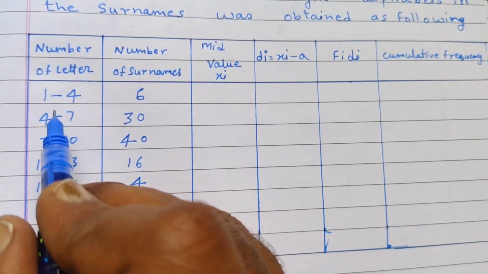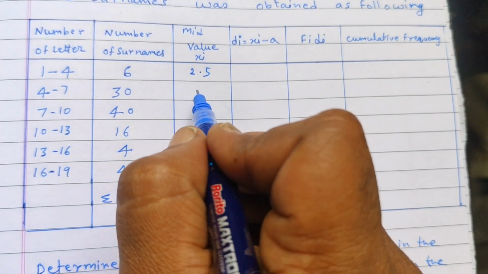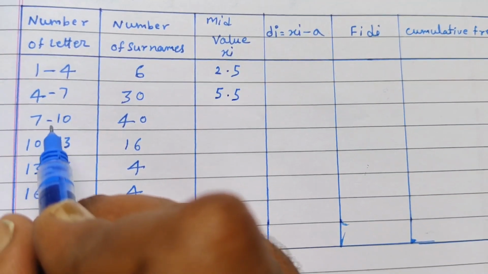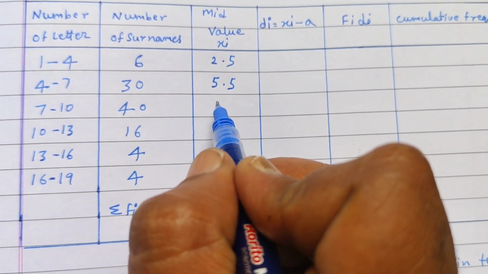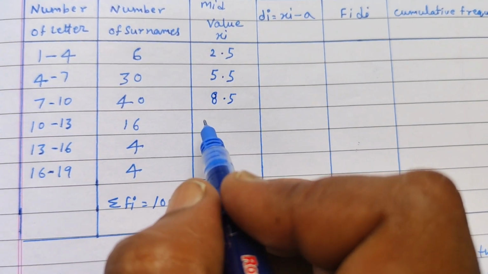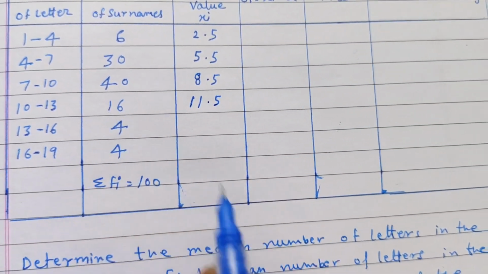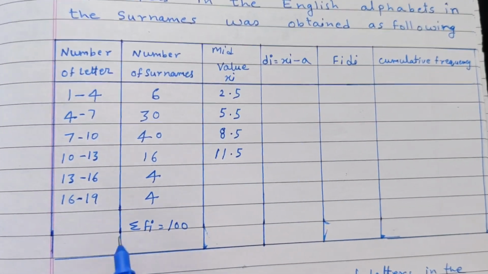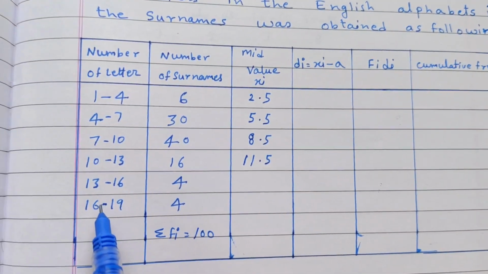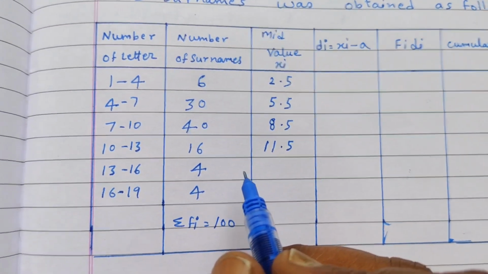So 4 and 1 is 5, half of 5 is 2.5. 7 and 4 is 11, half of 11 is 5.5. 10 and 7 is 17, half of 17 is 8.5. 13 and 10 is 23, half of 23 is 11.5. Here 16 and 13 is 29, so 14.5.